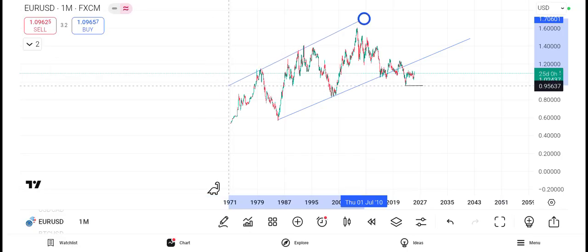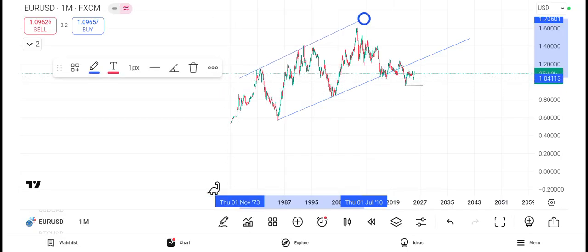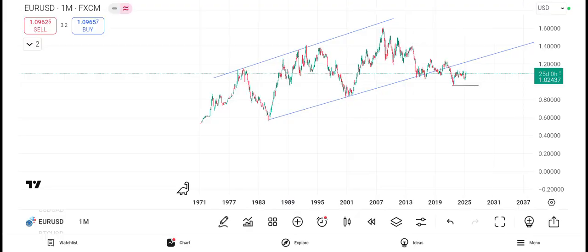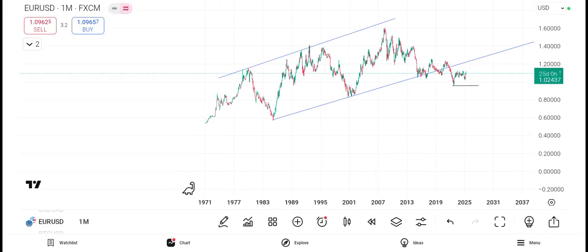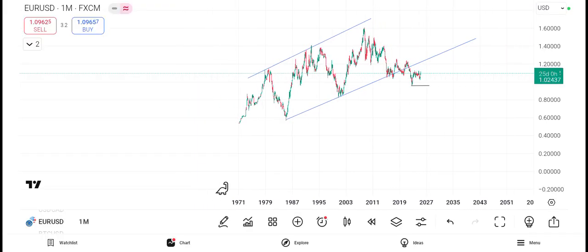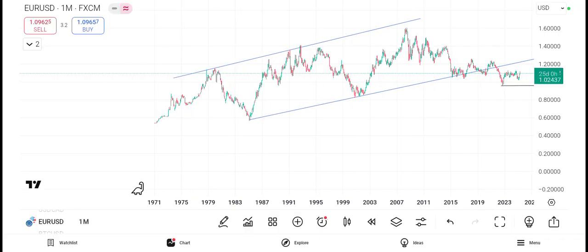It should be something like this, like a gauge, and obviously we have broken down to the downside. So all the opportunities we should be looking for here are sales. From the monthly time frame we are selling.